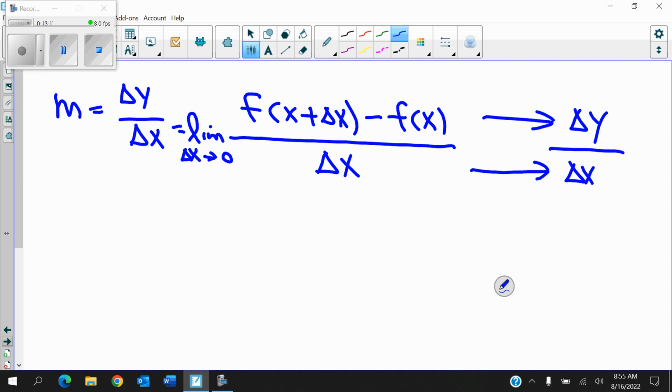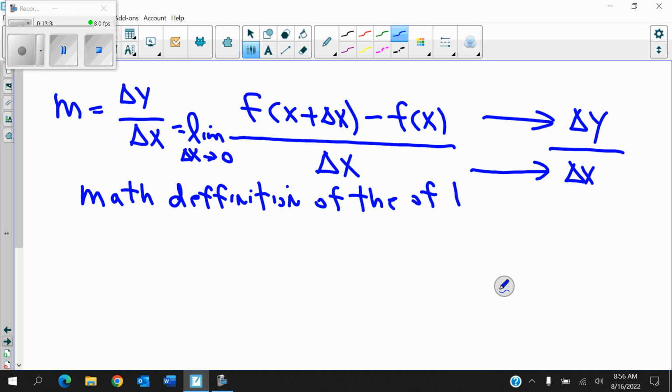This is the mathematical definition of the slope of the tangent line. Know it, love it, breathe it, live it, because this is basic. It all goes back to delta y over delta x.